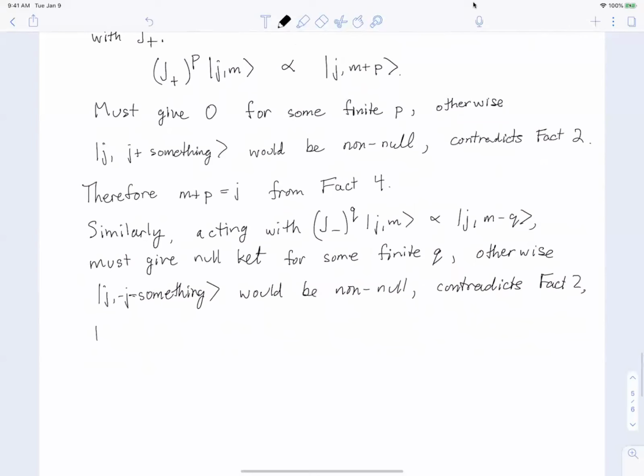Therefore, it must be true that for some q, m minus q is equal to minus j, from fact 3.